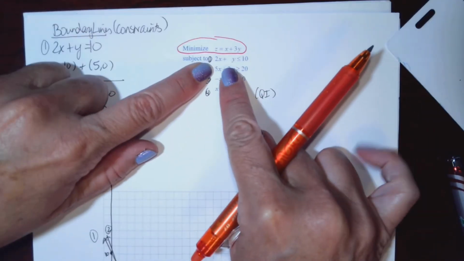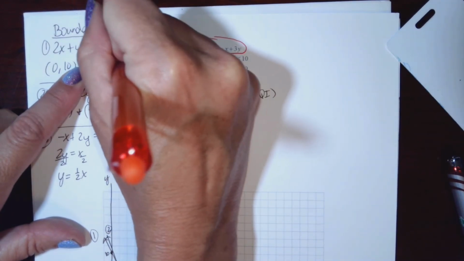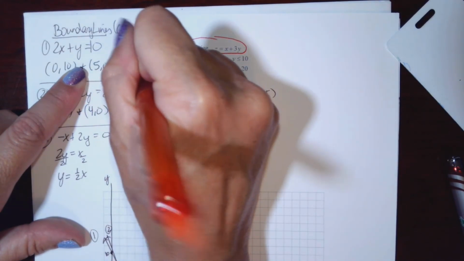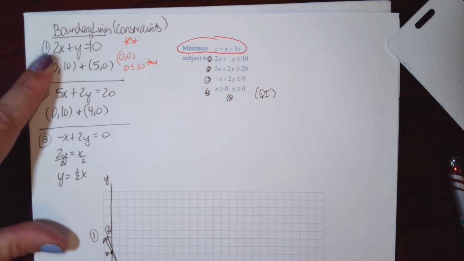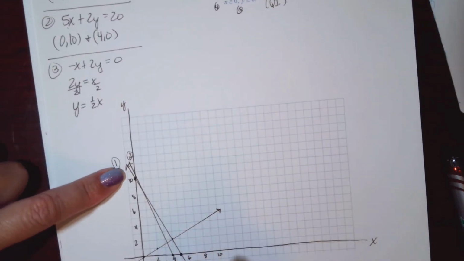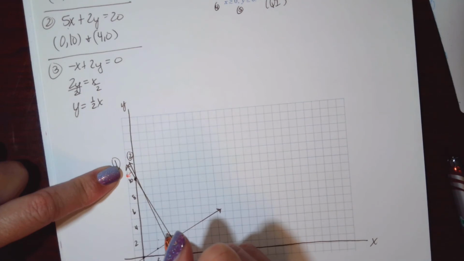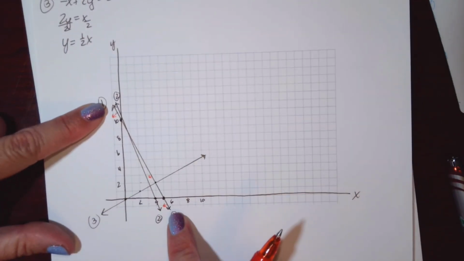If I check a test point here, I would test 0, 0. 0 less than or equal to 10 is true. So for my first boundary line, I'm going to shade down toward the origin.